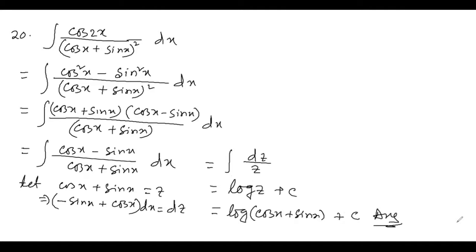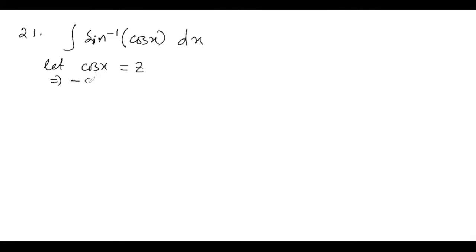Next, 21. 21 is a little bit tricky sum. This one has sin, but don't be afraid of this type of sum. This is also an easy sum, easily you can solve. Just see how I am solving this sum. Let cos x equal z. So cos x differentiation, minus sin x dx equals dz.